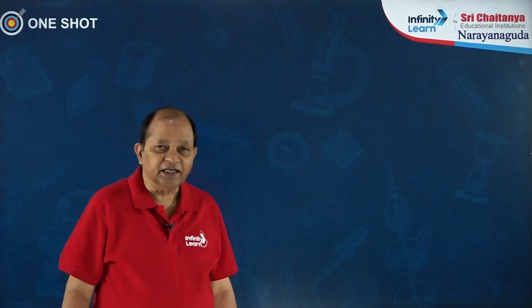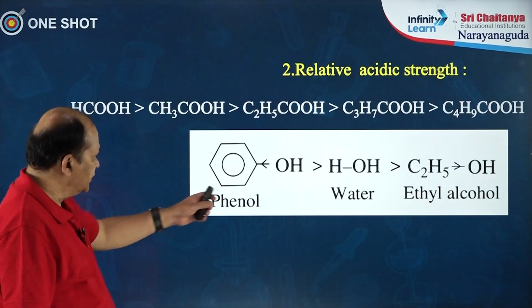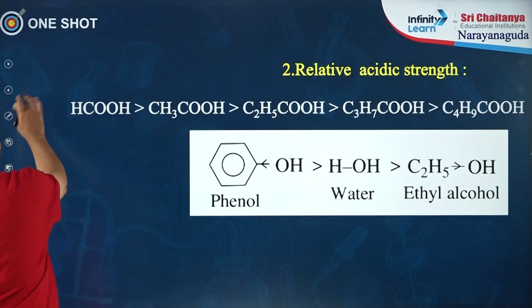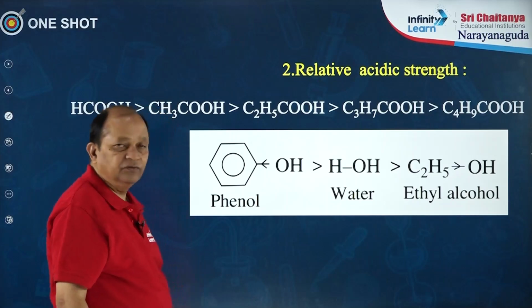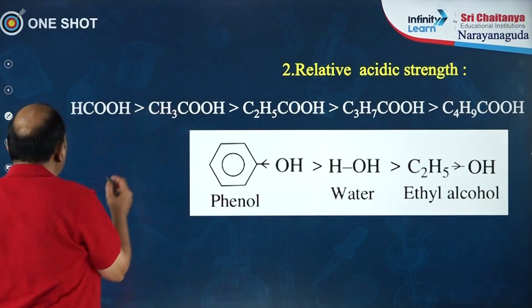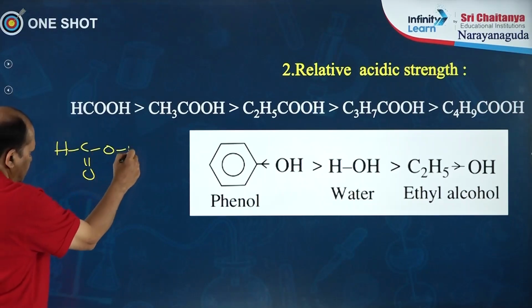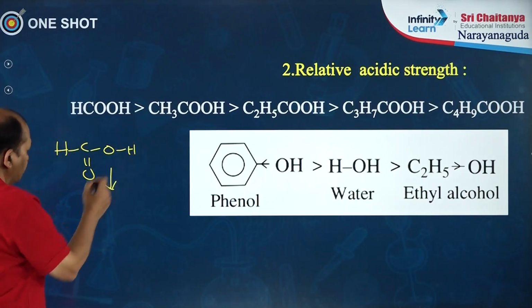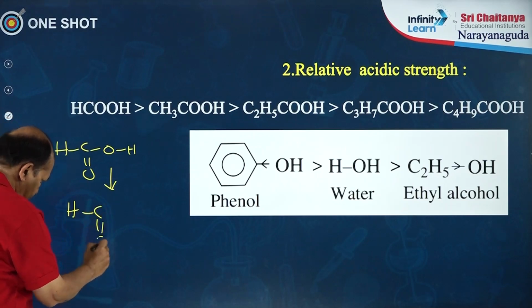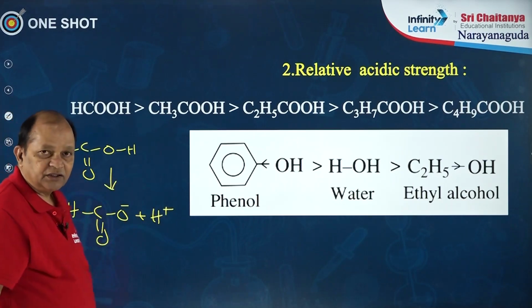The next application is about the relative acidic strength of different compounds. Here you can see different carboxylic acids were given, and also phenol, water, and ethyl alcohol. Here if you observe, in formic acid, by ionization you will get formate ion plus H plus.